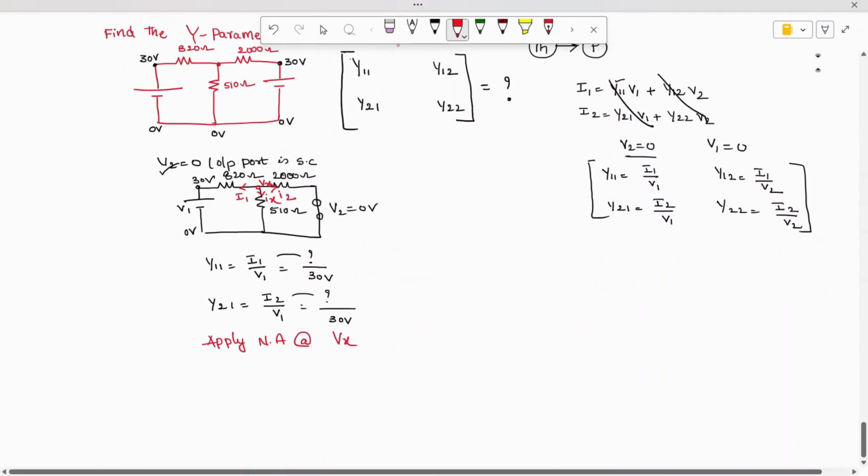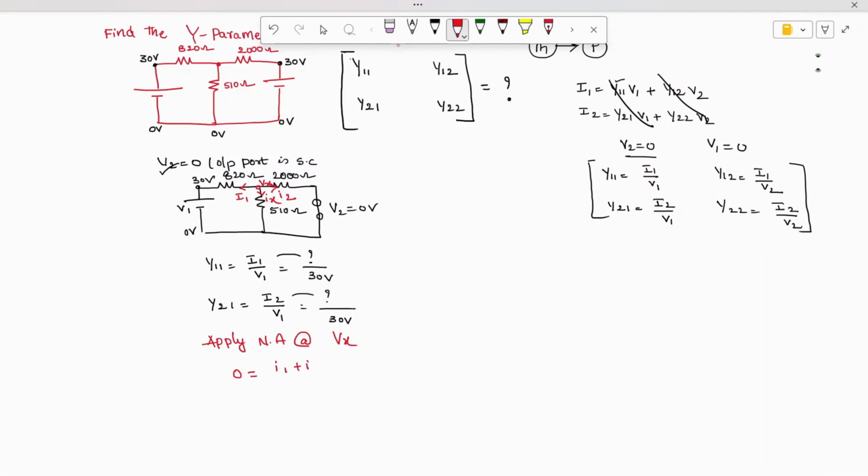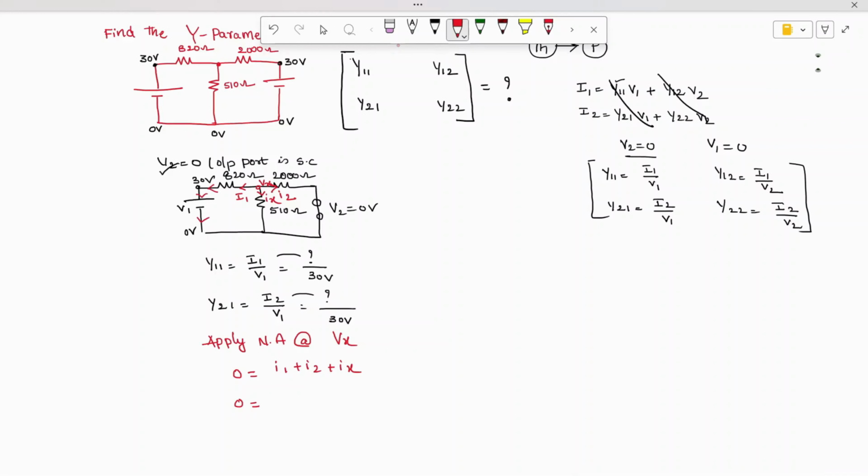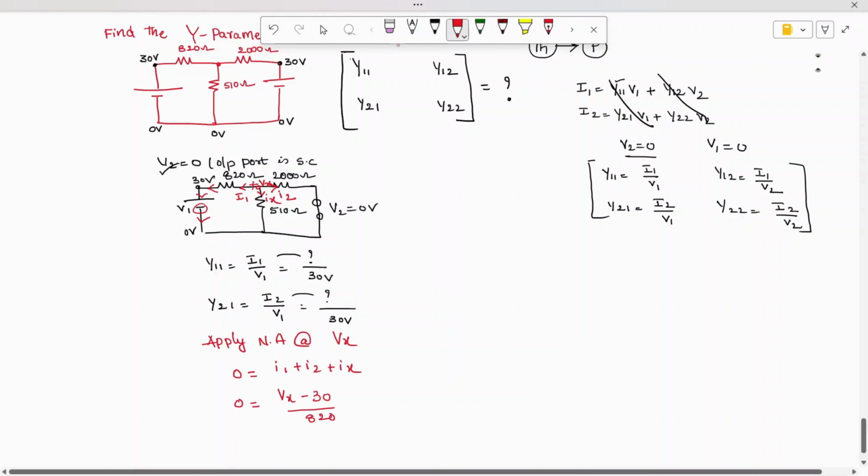When we apply the nodal analysis at Vx, there is no entering current, and the leaving currents give 0 is equal to I1 plus I2 plus Ix. The current I1 is flowing in this direction, so I can write it as Vx minus 30 divided by 820 ohms.